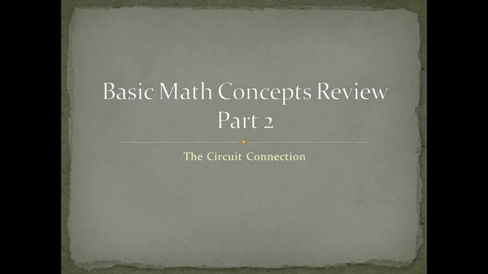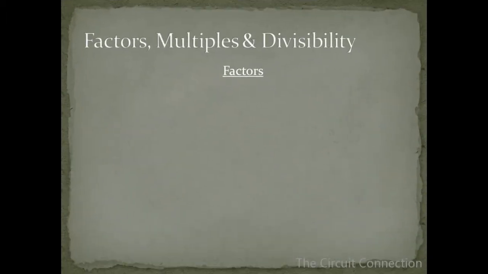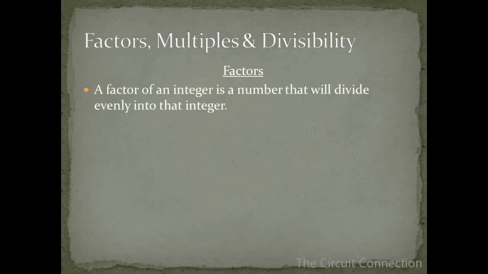Okay, and so we are on to our basic math concepts review, part 2. So factors, multiples, and divisibility. What are factors? A factor of an integer is a number that will divide evenly into that integer.